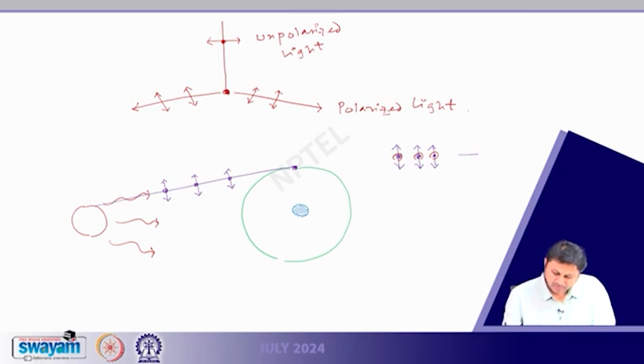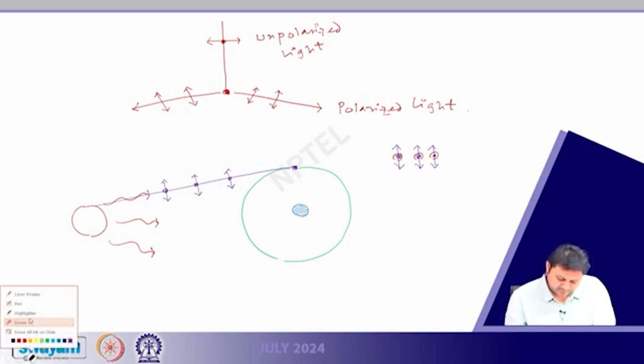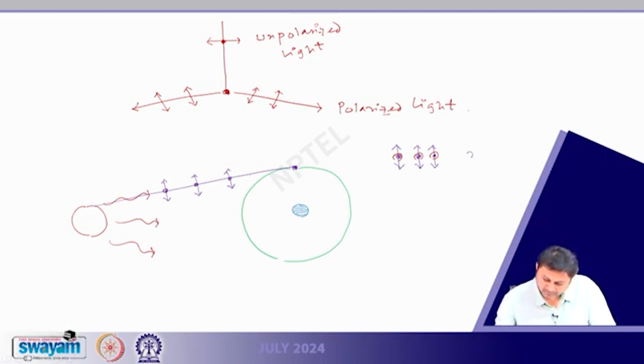So, let me erase this. It will vibrate perpendicular to the page of the paper. When the molecule is vibrating in this way, it will not radiate anything here. So, no radiation.